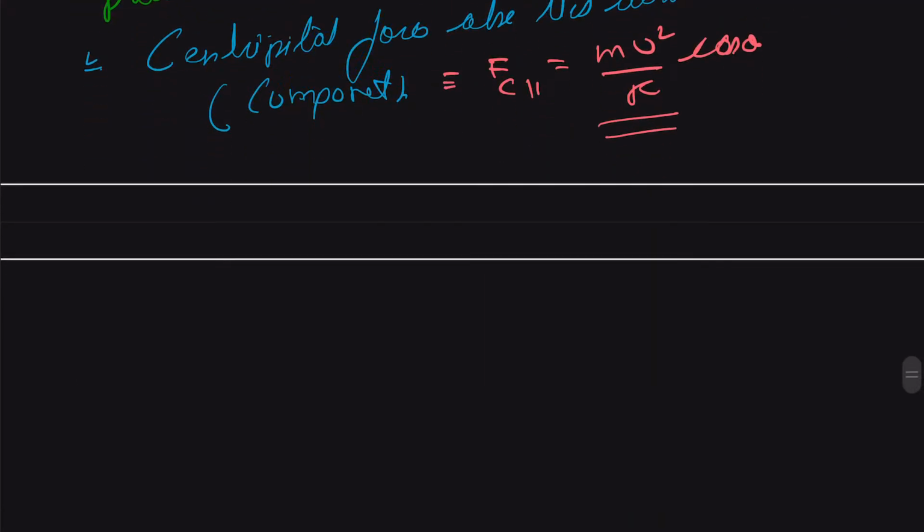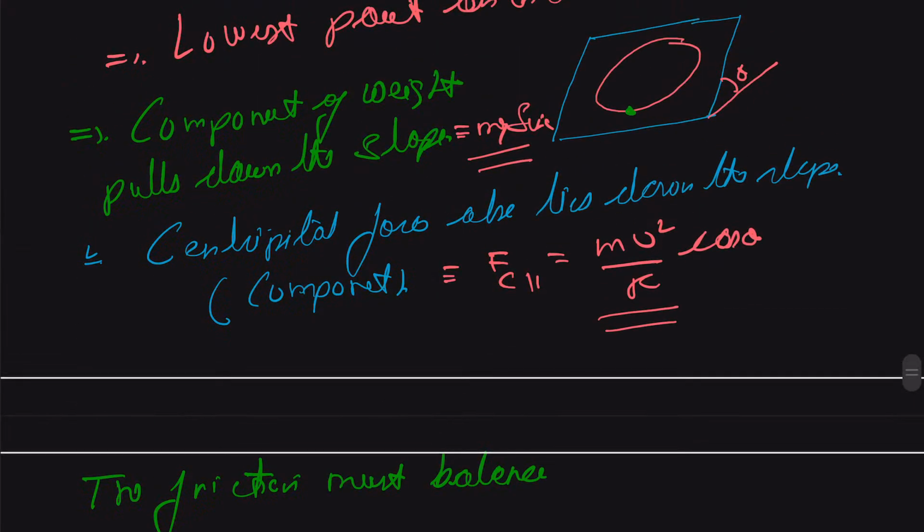So we can say that the friction must balance the first equation plus the second equation. Let us call these equation number 1 and equation number 2.